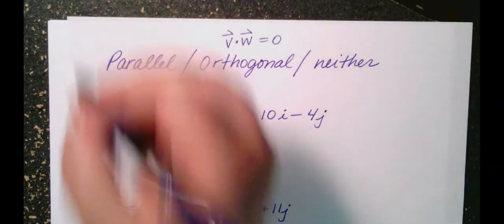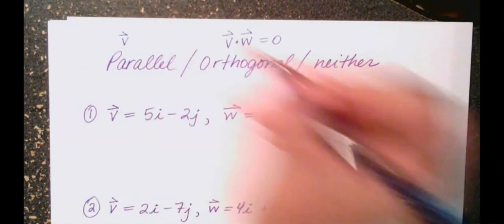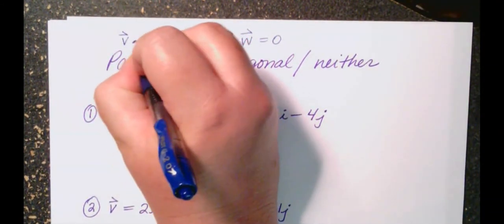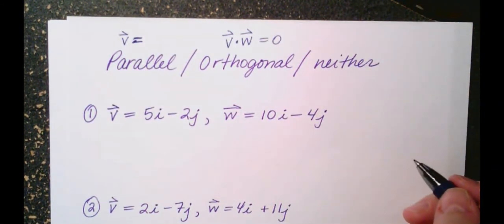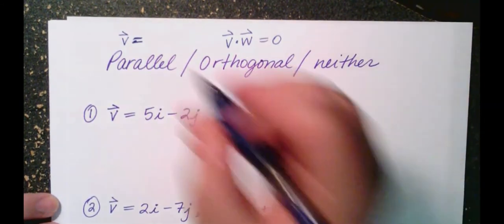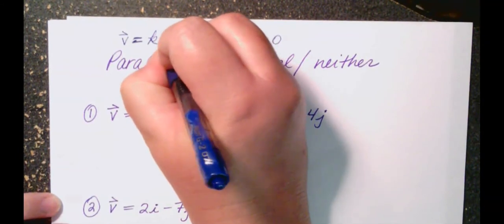Here's what I mean. I can take either one of the vectors and say it equals the other vector multiplied by some scalar. So let's just use k times w.